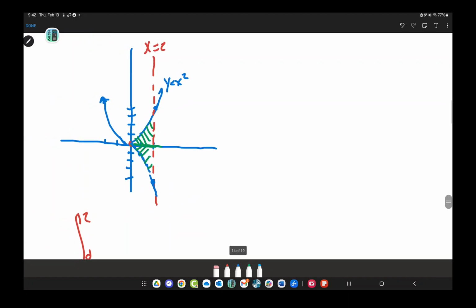It's bounded from 0 to 2 because I'm rotating around the x-axis, and my two functions are just y equals x squared and x equals 2. So it's inside those two regions. The y-axis, we don't need it.